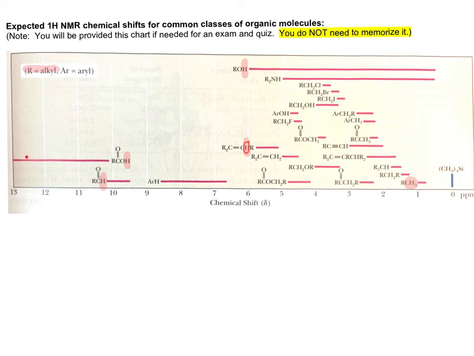So that makes this group very, very deshielded, more so than any of the other functional groups that we are looking at. Another key feature that you should be aware of is that the ArH abbreviation here, the Ar, throws a lot of people off. That refers to an aryl group, where an aryl group is an aromatic ring.